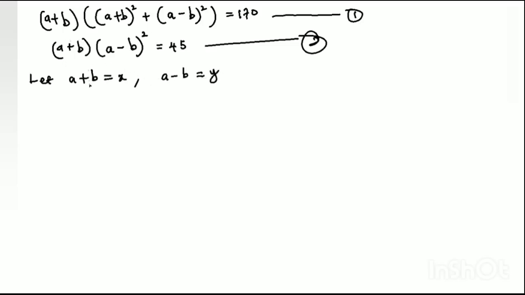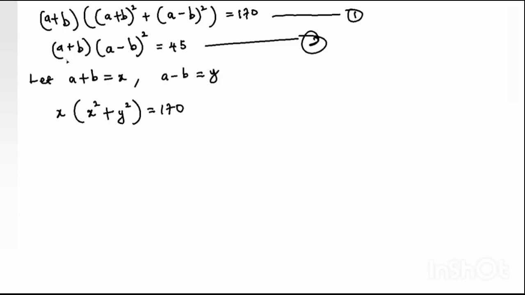So I plug it in equations 1 and 2 respectively, and I'll have a plus b to be x, and I'll have it here again as x squared plus a minus b, which is y, squared, then equal to 170.